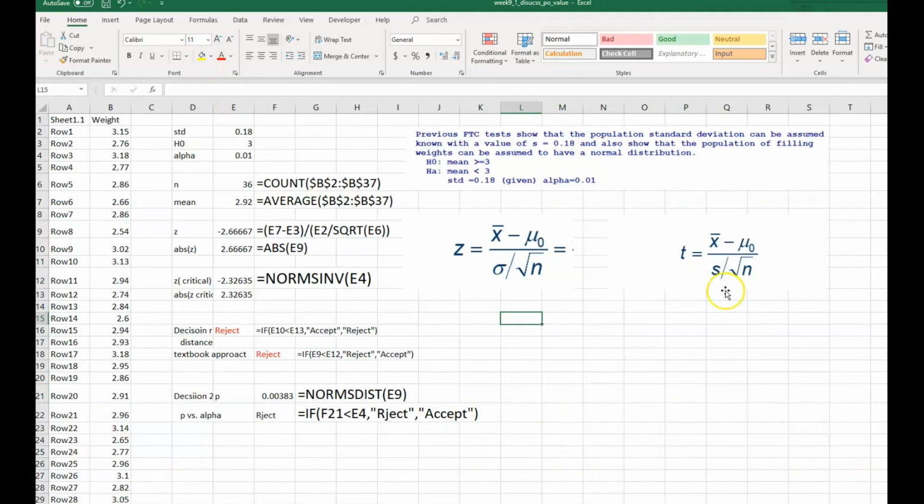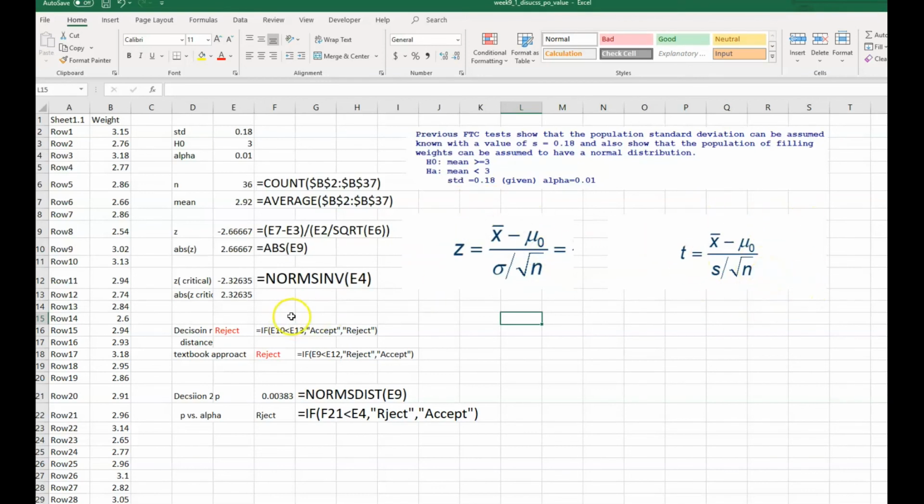Okay, I'll repeat, just to summarize this exercise. We have data, and we want to run a one-sided test. The one-sided test is that the mean is higher than or equal to 3. We can think of 3 as an assumption, the population mean, and we also know the standard deviation is given, and the alpha significance level is 1%. Because the standard deviation is given, we calculate Z. If the standard deviation is not given, we calculate the t-value.